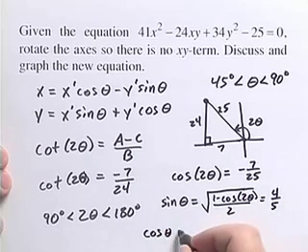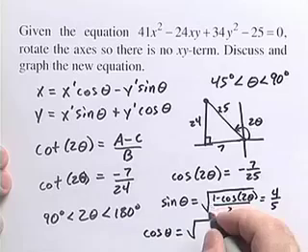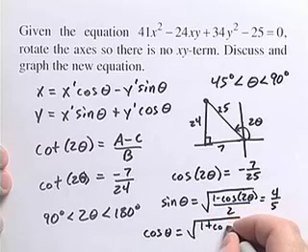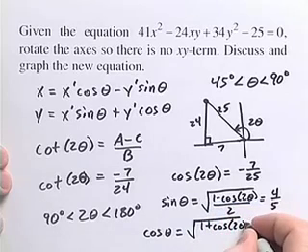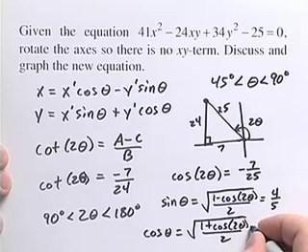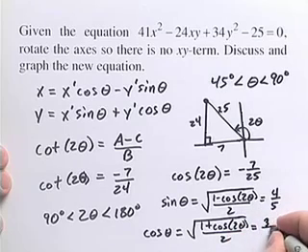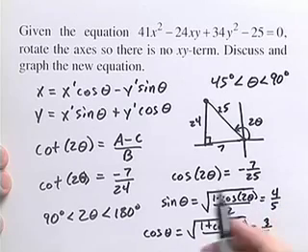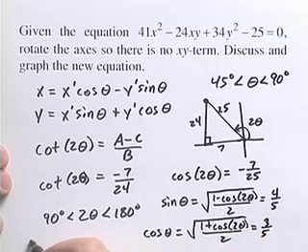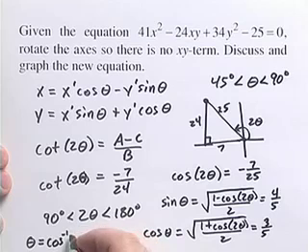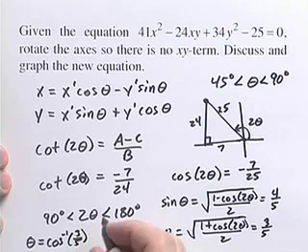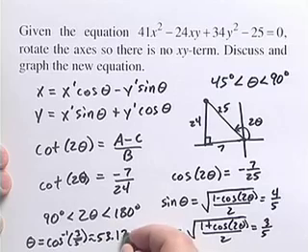The cosine of theta is equal to the square root of 1 plus cosine 2 theta, divided by 2, which is equal to 3/5. You can find out what theta is. Theta is equal to cosine inverse of 3/5, and that's about 53.13 degrees.